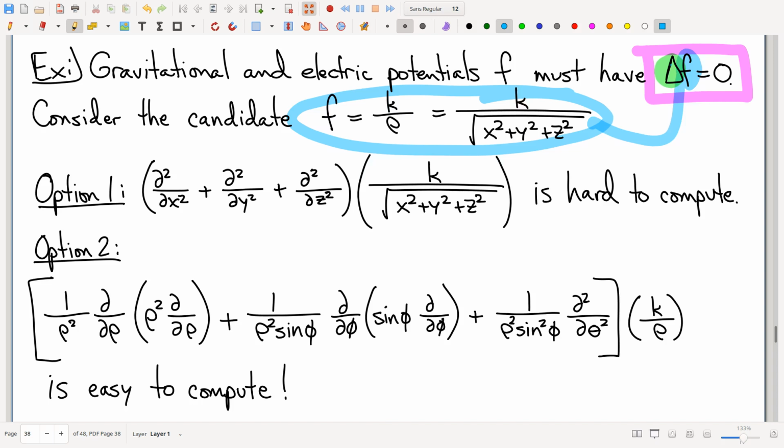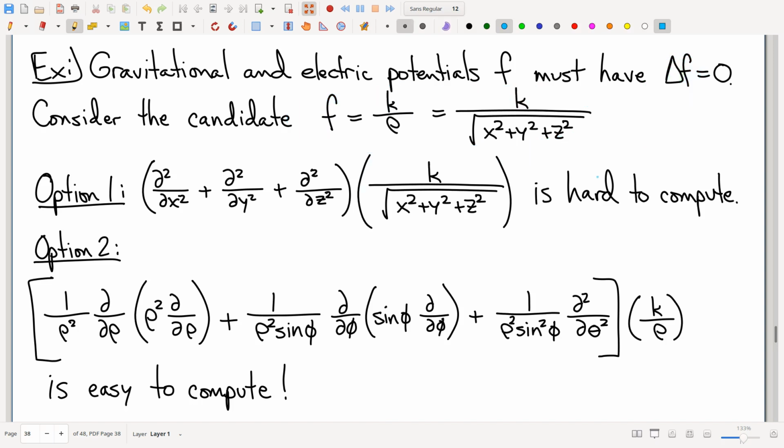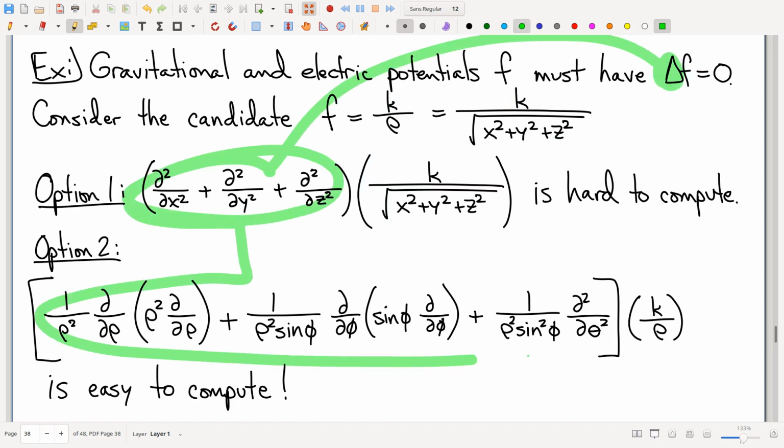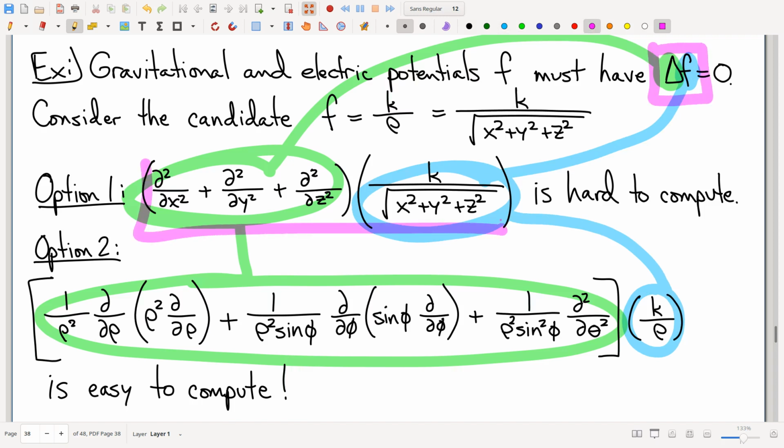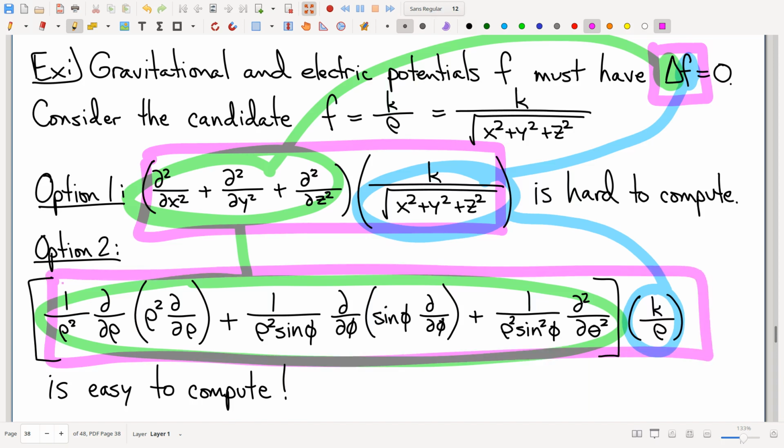So, here are your options. You can apply the Laplacian in either rectangular form or spherical form to your candidate function, which you can write in either rectangular form or spherical form, and you can crank out either this or this to see if you get 0.